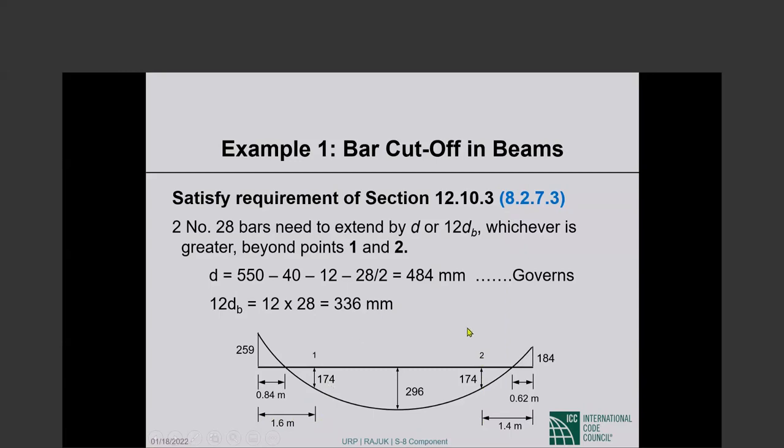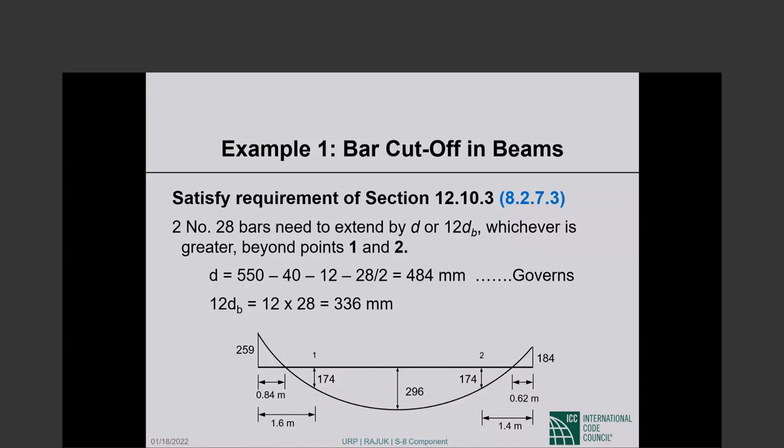So the two number 28 bars need to extend by d or 12 bar diameters, whichever is greater, beyond points 1 and 2. Theoretically, it can be cut off here and there because we have enough moment strength coming from the remaining two number 25 bars.